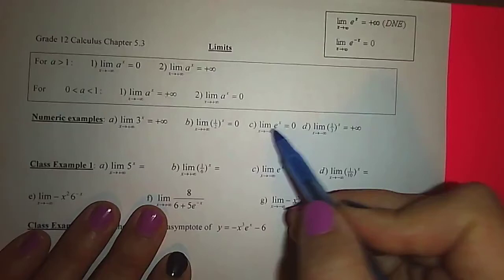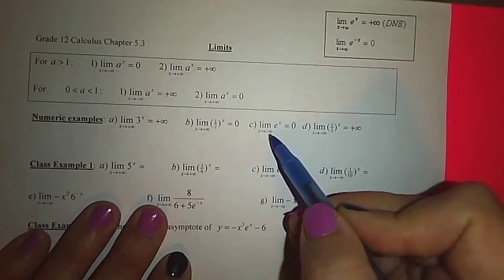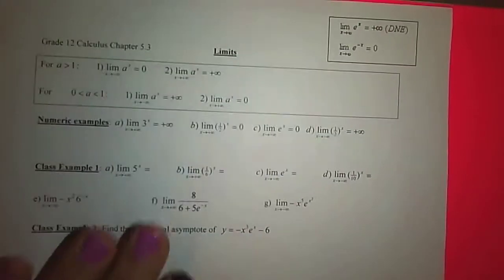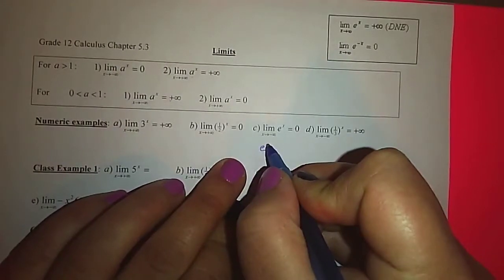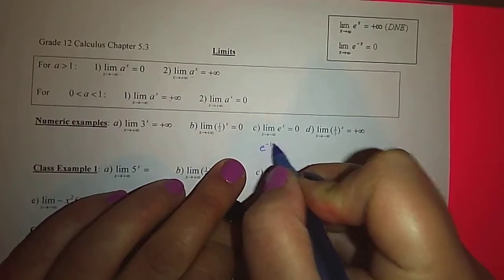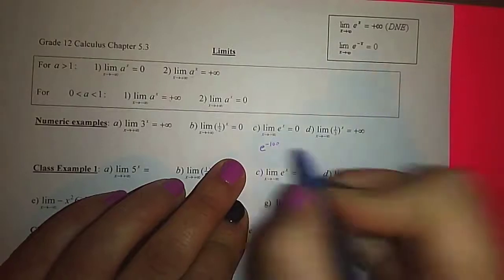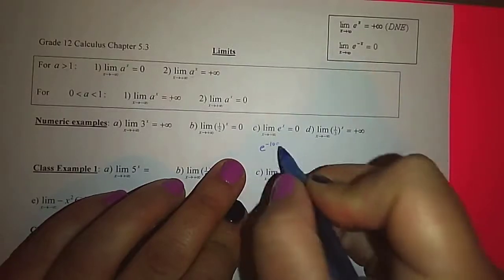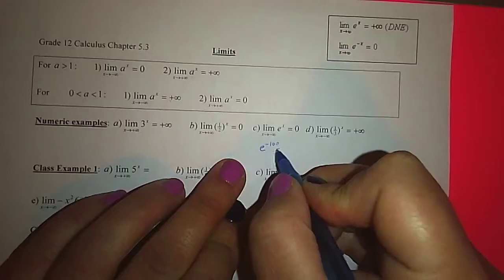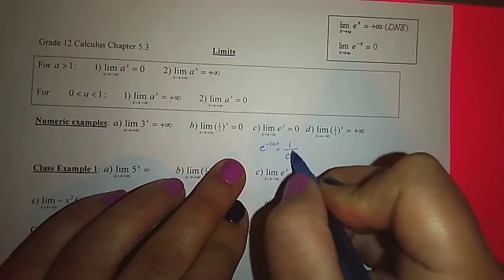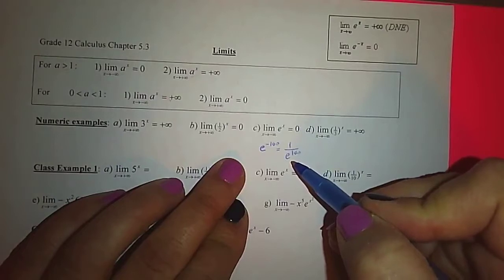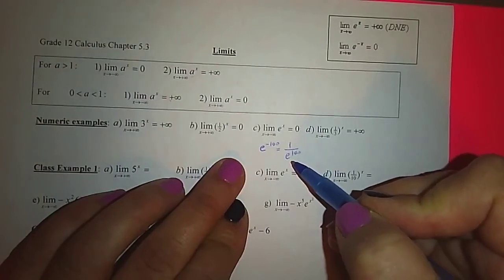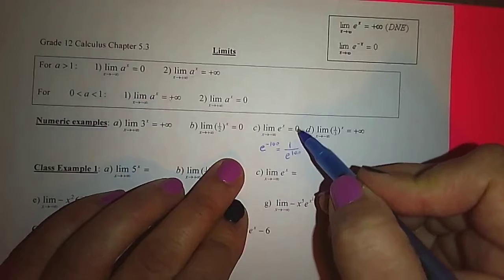Let's check this one. Limit of e to the power of x as x approaches negative infinity. So e to the power of a very big negative number. To get rid of this negative exponent, you can write this as 1 over e to the power of 100. You are dividing 1 by a very big positive number, so you're getting almost 0.